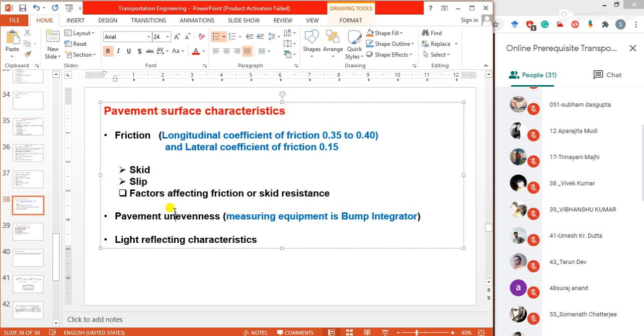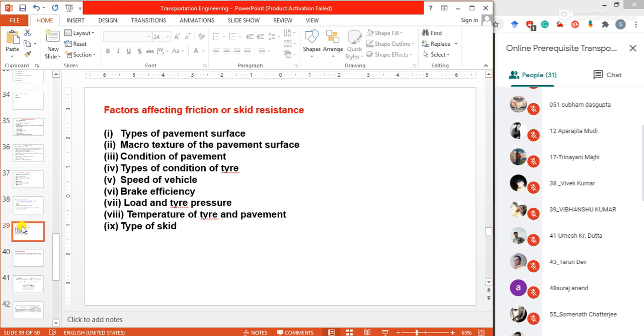Now the main question: what are the factors affecting friction or skid resistance? Normally friction is important to us, and there are two phenomena under friction, skid and slip. The important thing is the factors which affect friction or skid resistance.